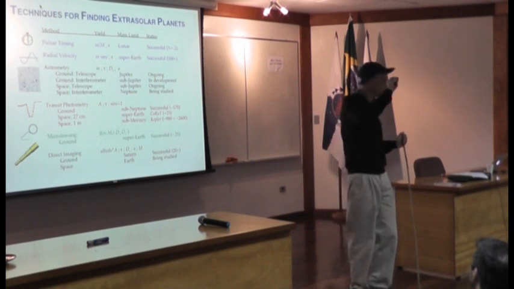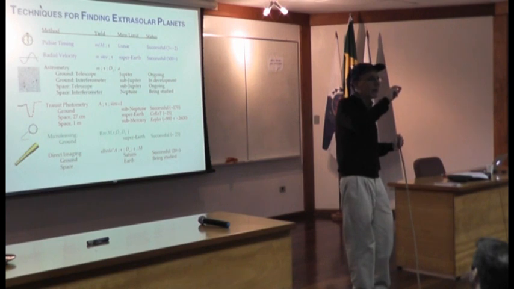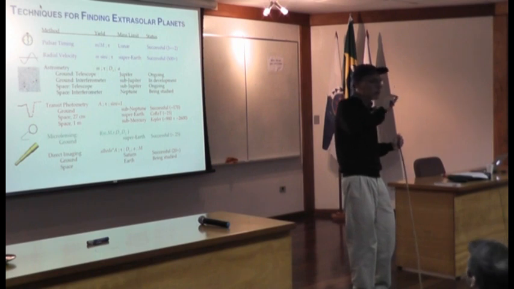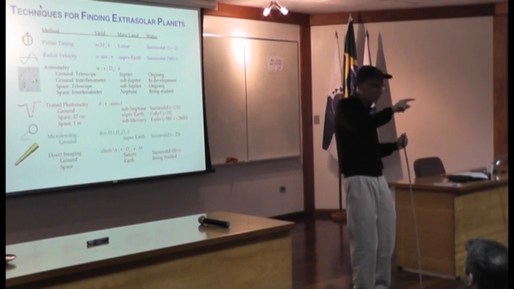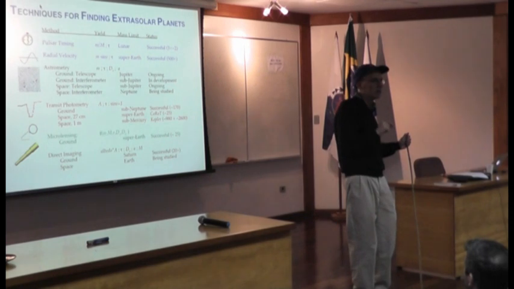But if this lensing star has a planet orbiting it, and the planet comes really close to the line of sight of the light from the source star, then it can affect the amount of light for a few hours.